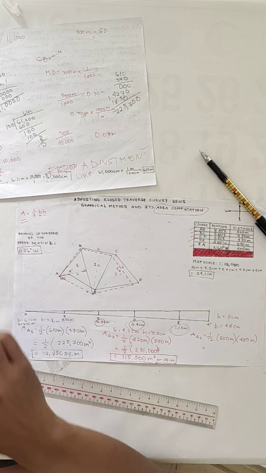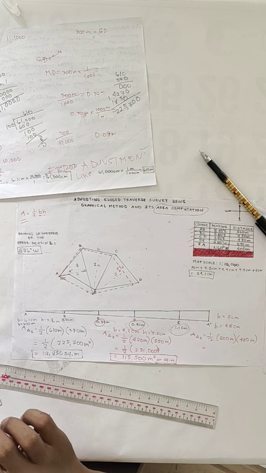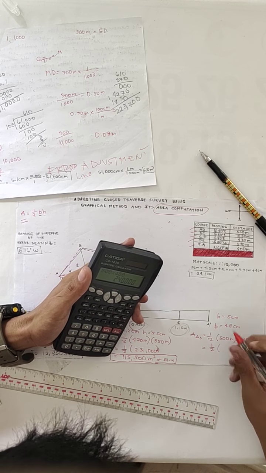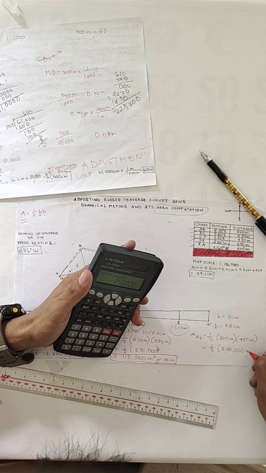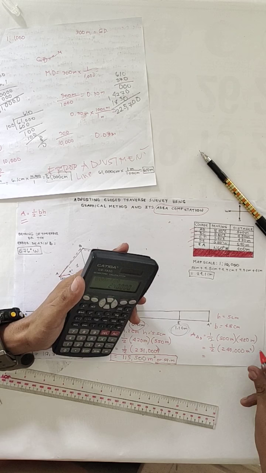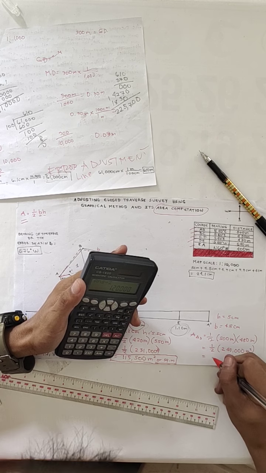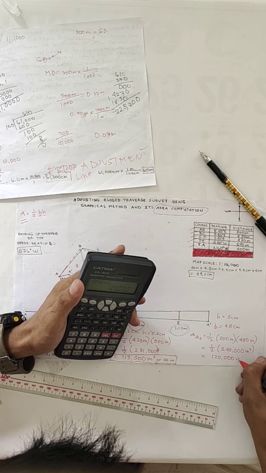So 500 times 480 is 240,000 meters squared. Half of that is 120,000 square meters.